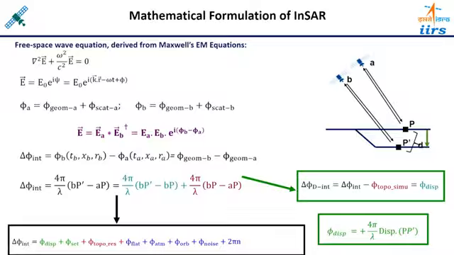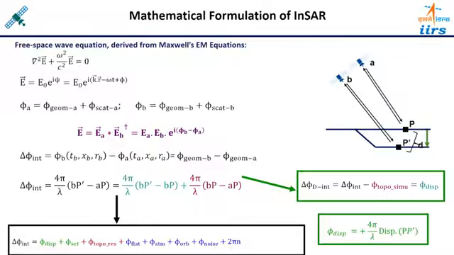So from this equation you can see the interferometric phase is not only the sum of displacement phase and topographic phase, it is more than that. What is more? The solid earth tide phase, flat earth phase, atmospheric phase, orbital phase, noise, and the unwrapping term.